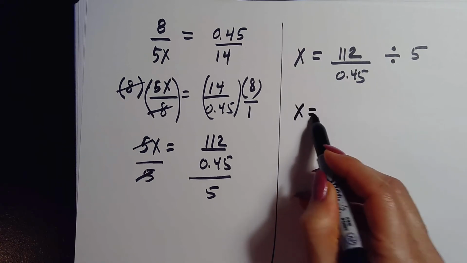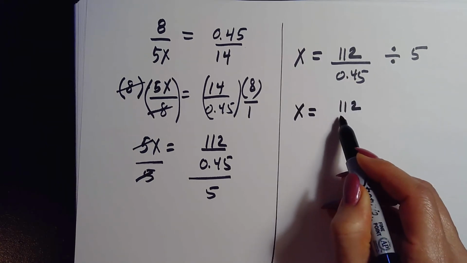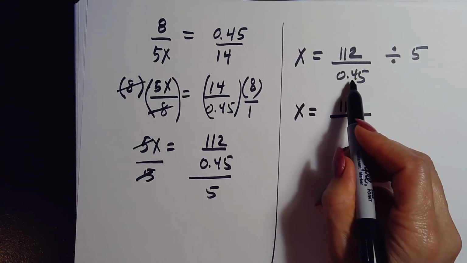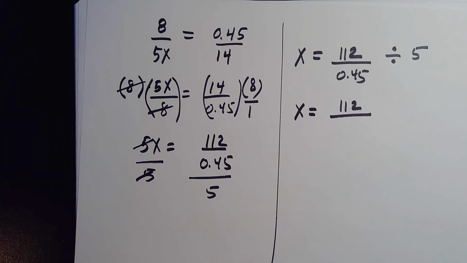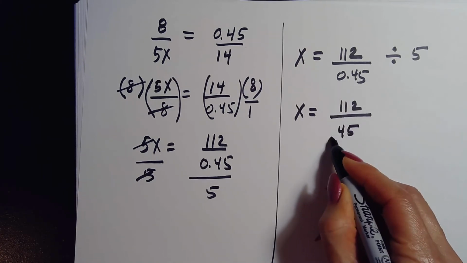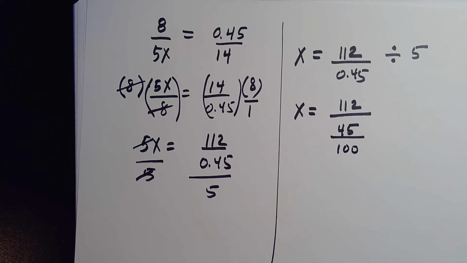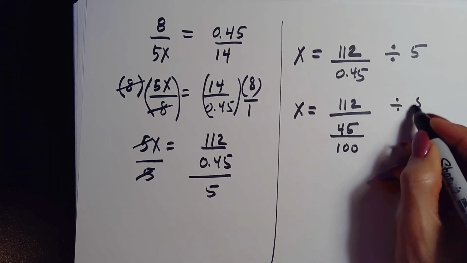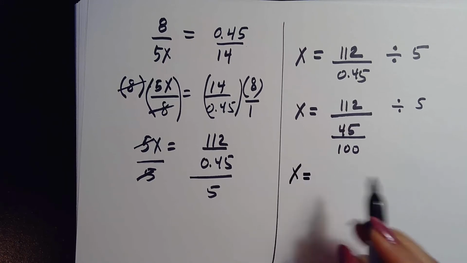So what I can do is 112 divided by 0.45. I can write 0.45 as a fraction instead of a decimal, which is 45 over 100, and that divided by 5. This is going to be long, but I want to go through it so you can see.